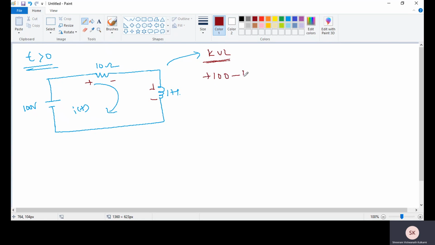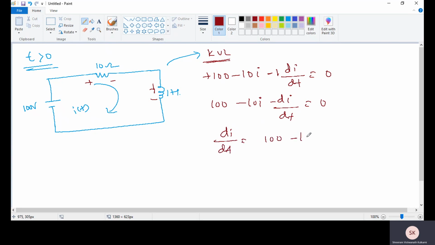Plus 100, minus 10i, then the voltage across the inductor, minus 1 di by dt, equals 0. So 100 minus 10i minus di by dt equals 0. That is di by dt equals 100 minus 10i. Okay, this is my equation 1.